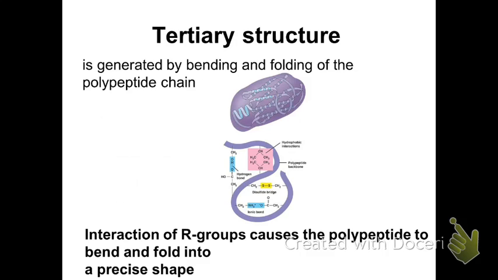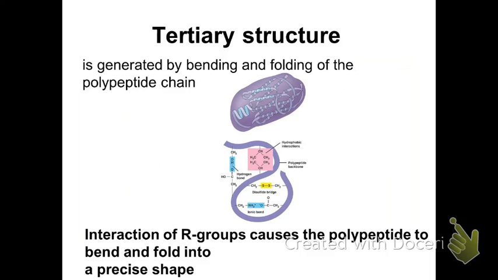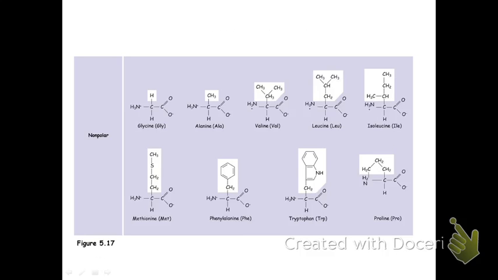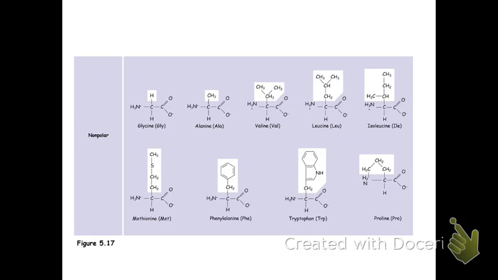Now, if you remember that the R groups have different characteristics. We have nonpolar R groups, like in glycine here, and alanine, and valine. These are all nonpolar, so they do not carry a charge at all.